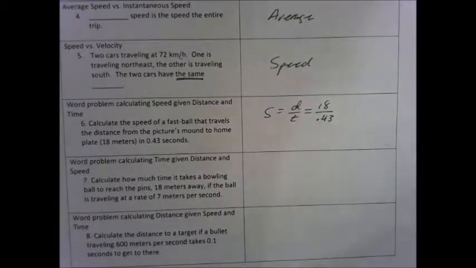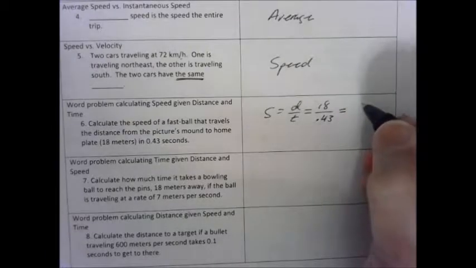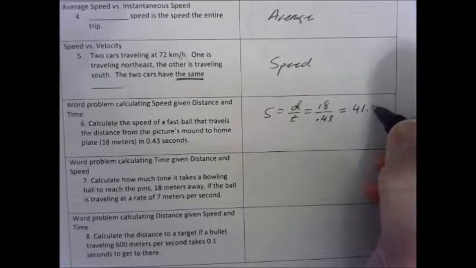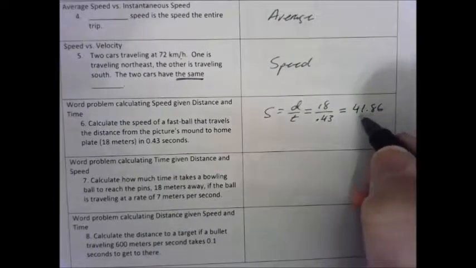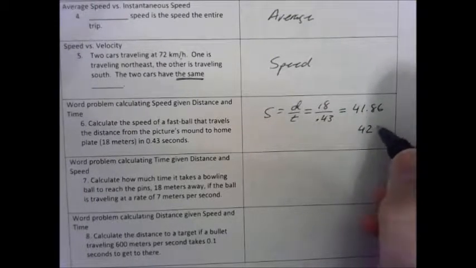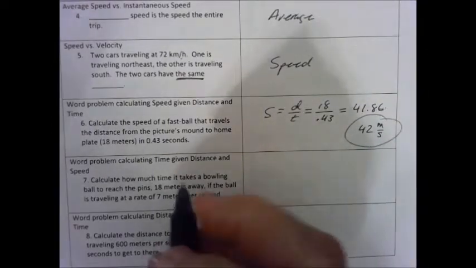So it's 18 divided by 0.43, and the answer is equal to 41.86, or let's see, with sig figs, a couple of looks like two sig figs there, 42 would be my answer. 42 what? 42 meters per second would be the answer for that.